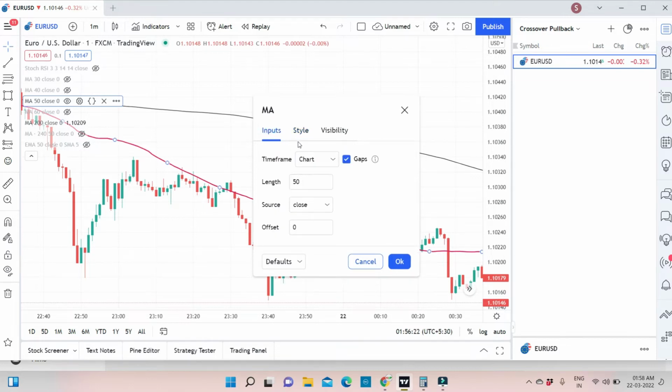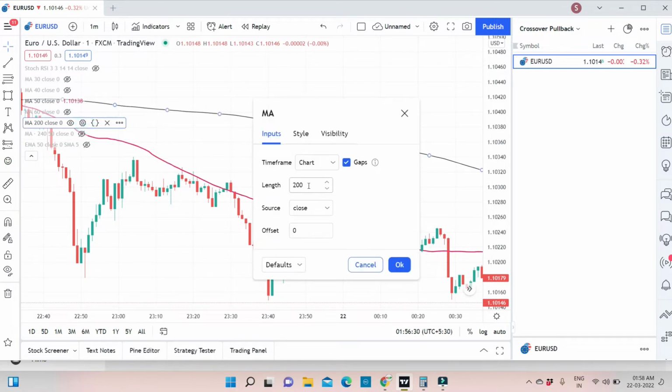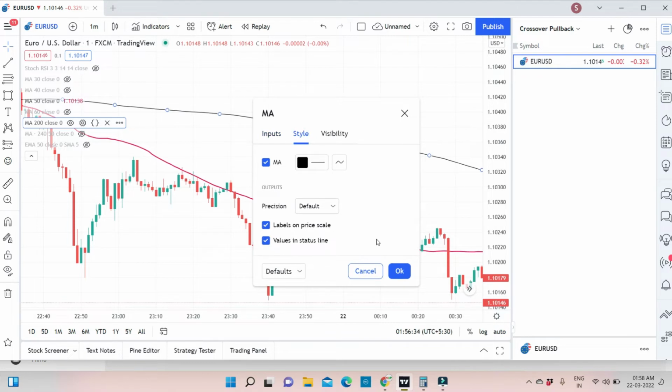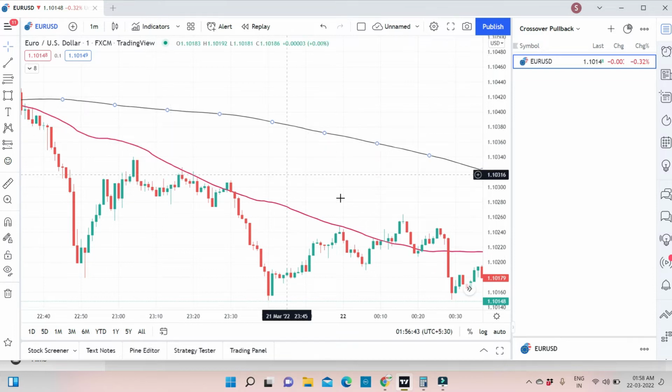So the one moving average I'm going to set as 50 moving average, and the second moving average I'm going to give 200 as a length. You can color it any. I've given the black color. So one is 50 moving average and the second is 200 moving average. Now both the averages are placed on the chart.